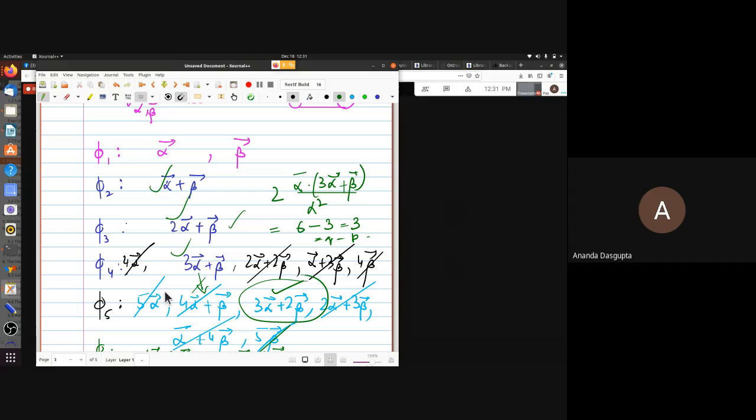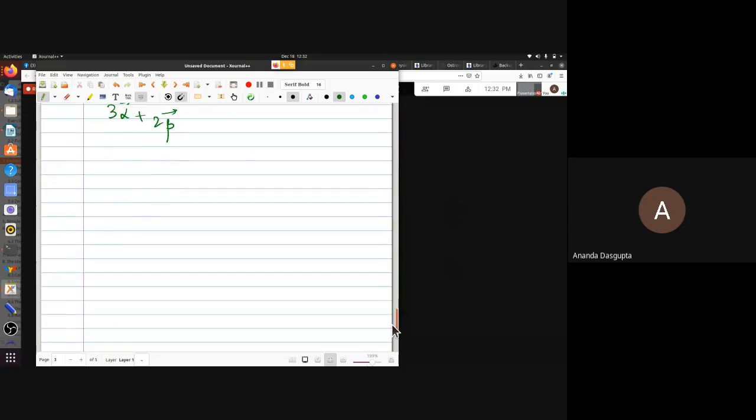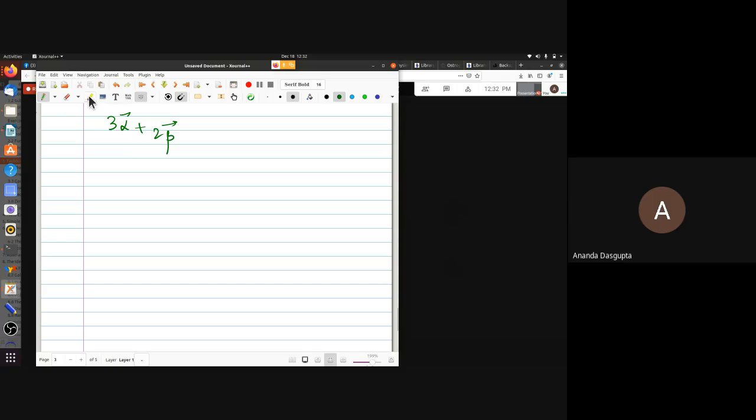14 generators, still rank 2, and all the roots are not just the ones we have found out. These and the negatives are all the roots. Clear? So at least one part of the story is done. We have found out all possible roots for the algebra.